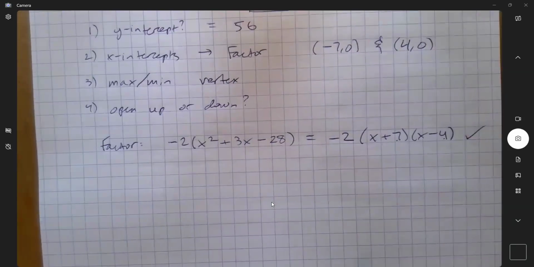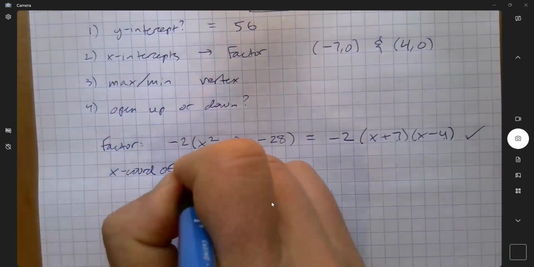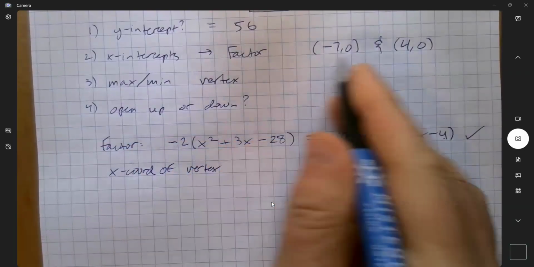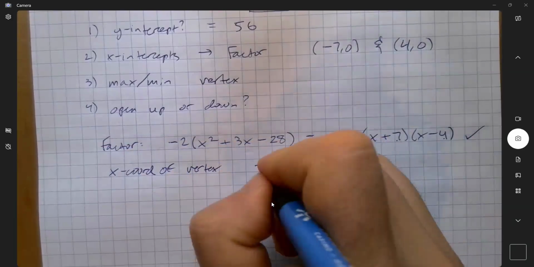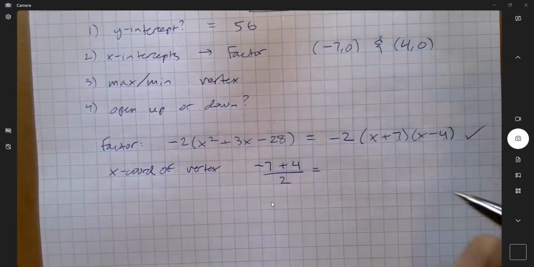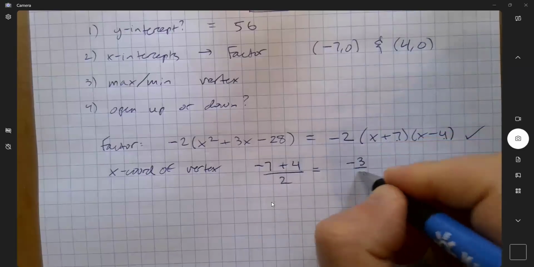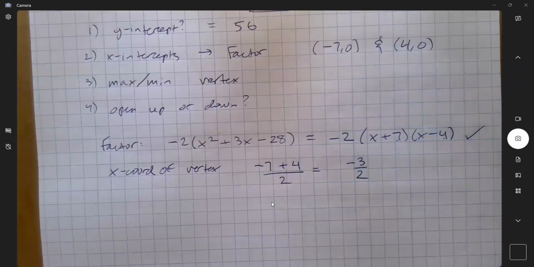The vertex, well, the x-coordinate of the vertex is halfway between -7 and +4. So I'm going to add those up and divide by 2. -7 and +4 is -3. So the x-coordinate is -3/2.